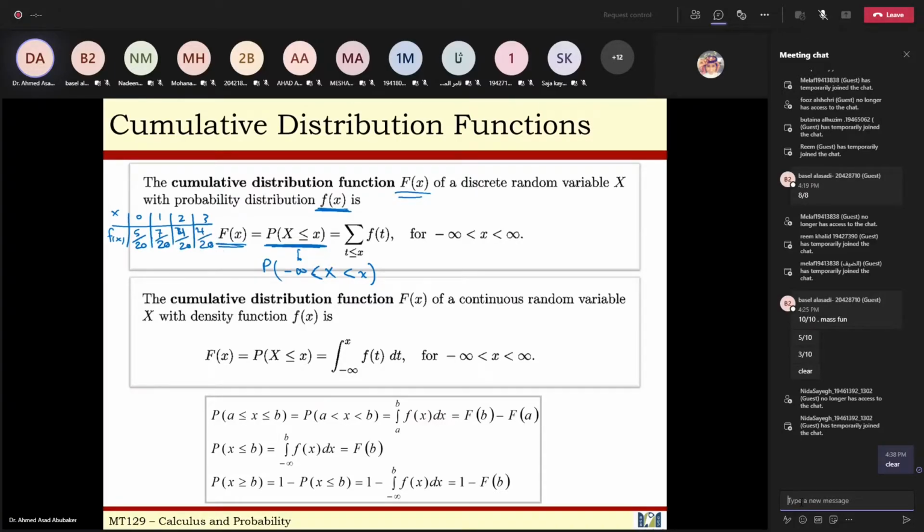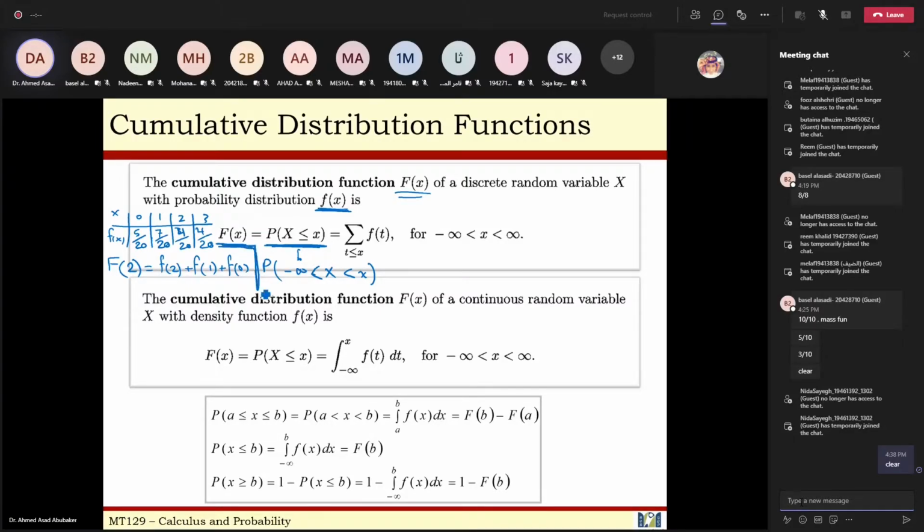This equals 20 over 20. So if we need to find F capital of 2, this means f of 2 and less than 2, plus f of 1 plus f of 0, like this.